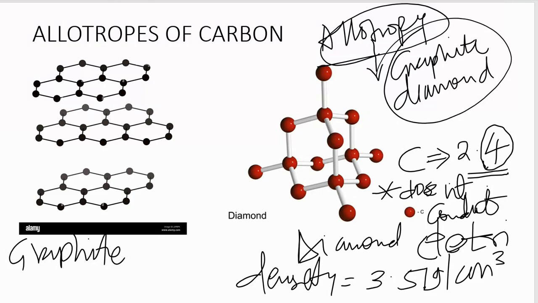Another thing you should think of is the melting point. The melting point of diamond is high compared to that of graphite, and this is due to strong covalent bonds. Remember about structure and bonding, where you talk of strong covalent bonds, where you talk of ionic bonds. So for our case, we are talking of strong covalent bonds.